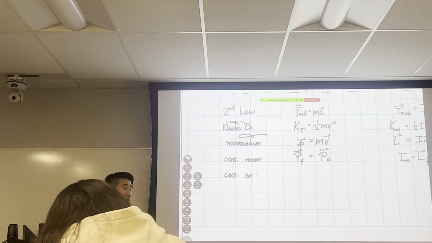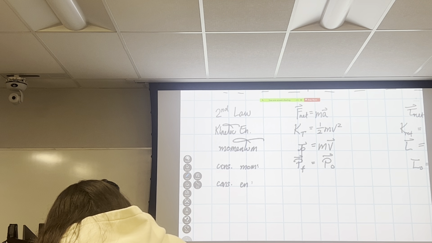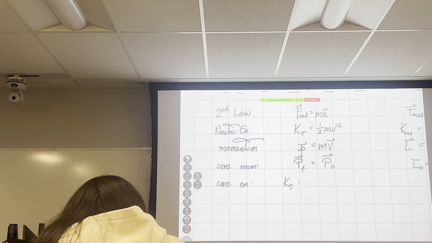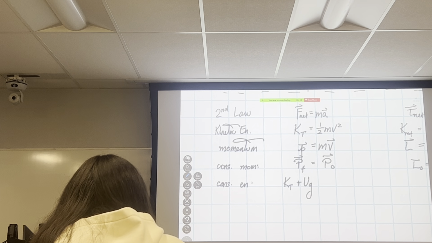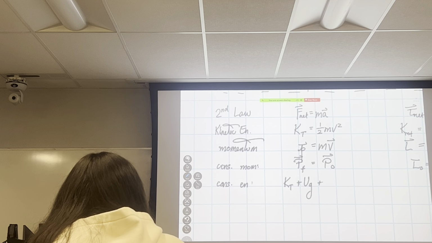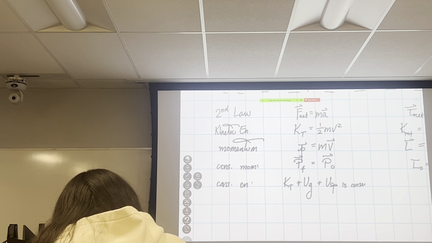What about conservation of energy? Well, we have translational plus the potential. Well, let's also put spring in there because we did. We'll say this is conserved.